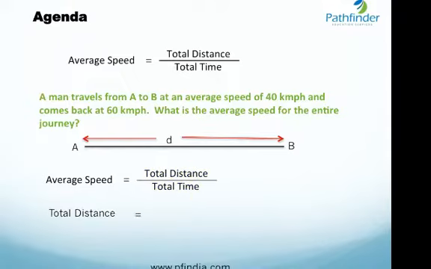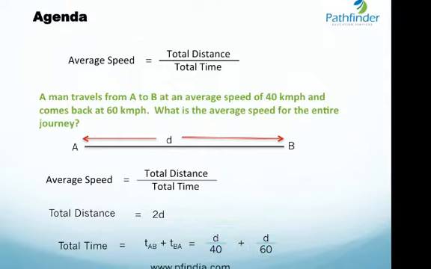Total distance of the travel from A to B and back would be twice of d, and similarly the total time of travel will be the time traveled from A to B, that is T subscript AB, plus TBA, that is T subscript BA, which is equal to d by 40 plus d by 60.